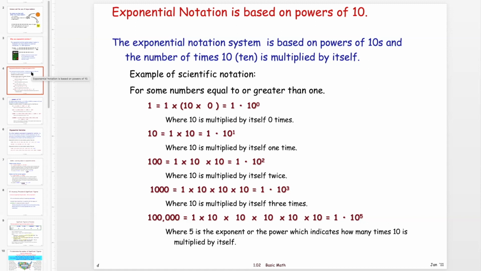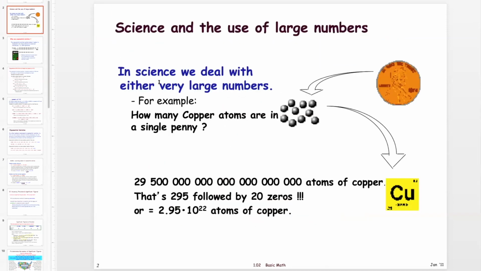So exponential notation is really a matter of taking a number and multiplying it by 10 so many times. In a number like this, for example, the mass of a penny, it's 29 followed by 20 zeros. These zeros are just placeholders. They don't carry significant information other than the size of the number.